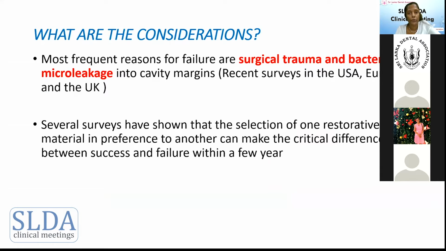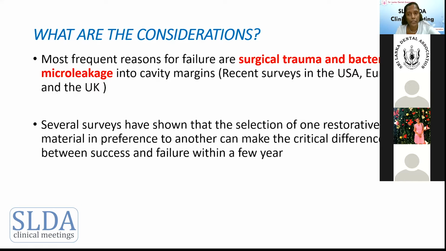It shows in the most recent surveys in the USA, Europe, and the UK that the most frequent reasons for failure are surgical trauma and bacterial microleakage after the vital pulp therapy. As an example, during a pulp therapy procedure you have to use the handpieces and various techniques and materials.